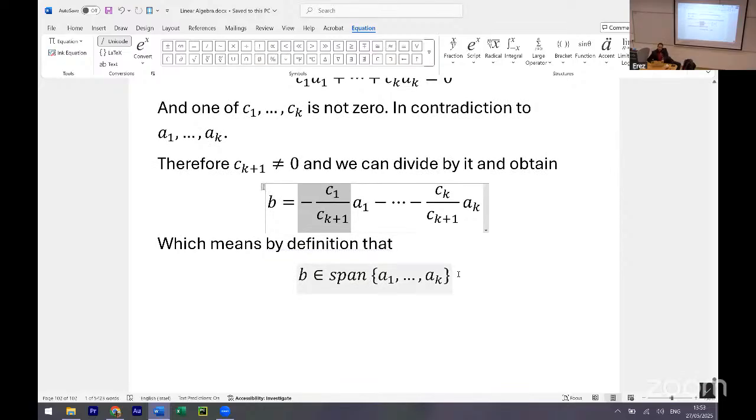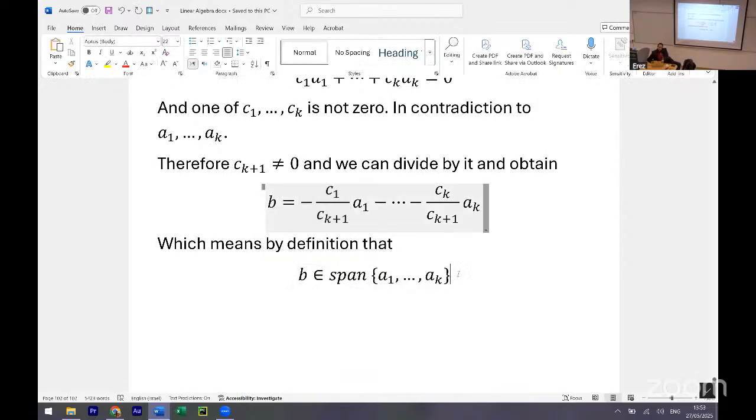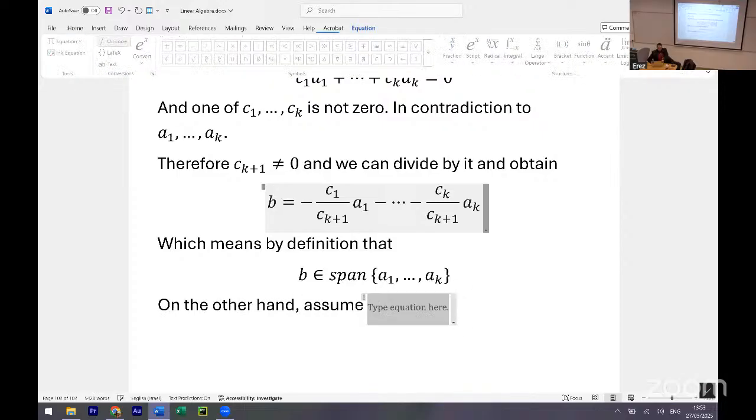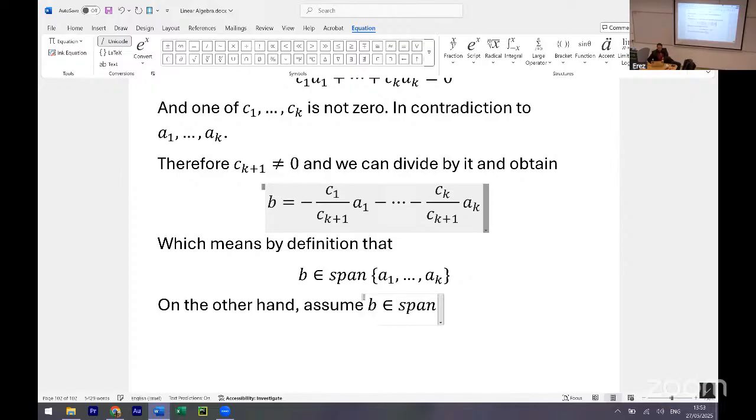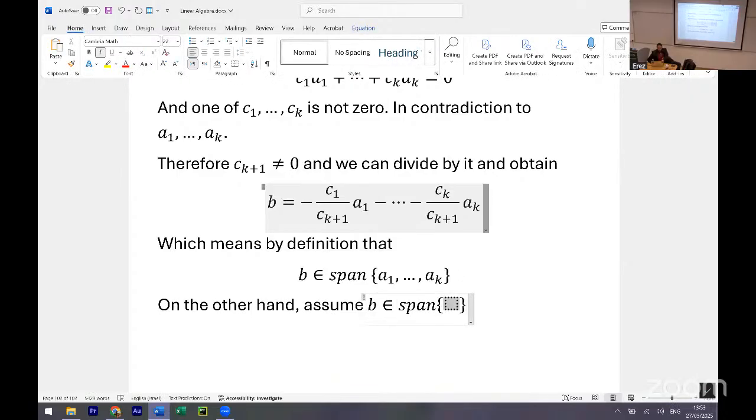Okay, it's the definition. On the other hand, assume B is within the span. What does that tell us?